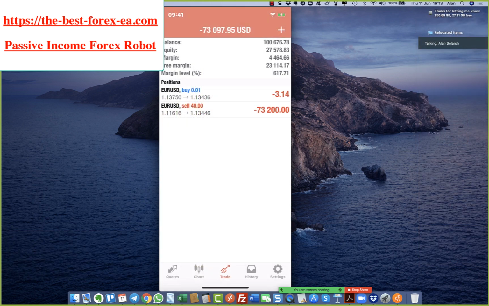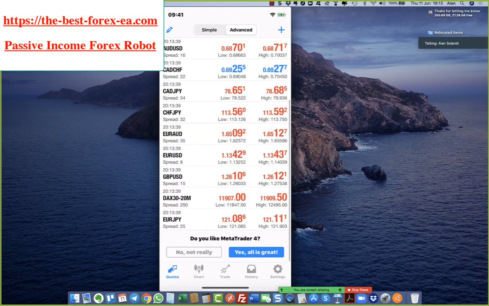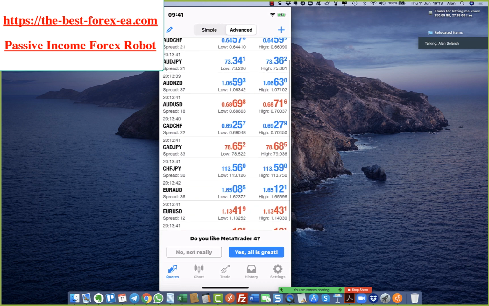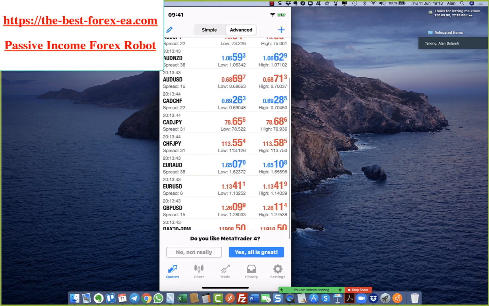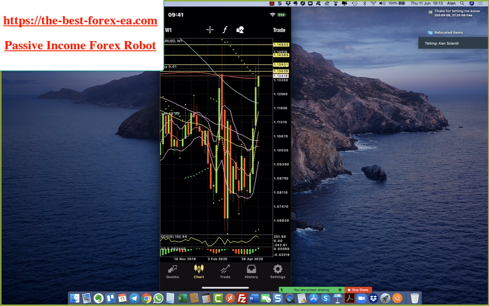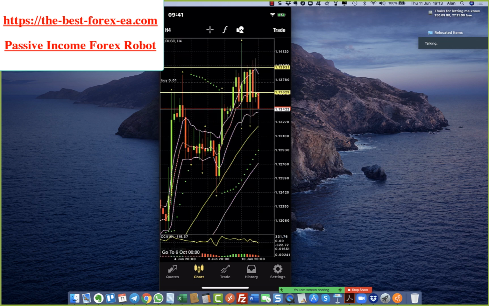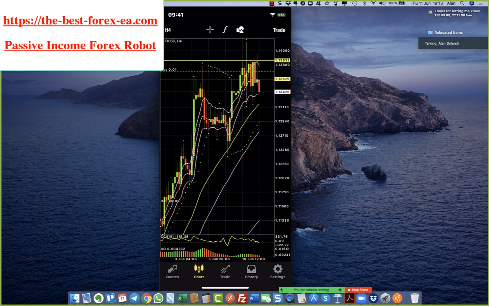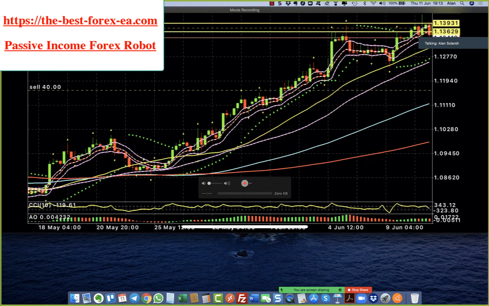So what I'm saying is on the euro US dollar, everybody's freaking out. I think tomorrow we could see a massive pullback, a massive increase, because the US economy is not doing so well. So let me do it this way.